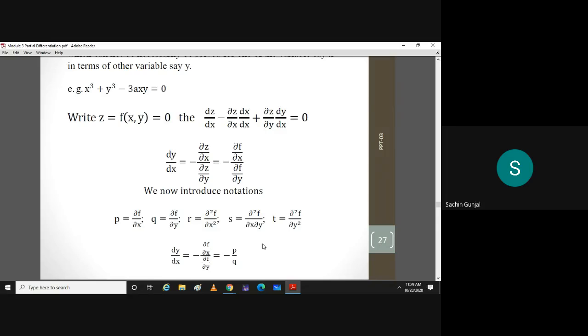For an implicit function f(x,y) equal to 0, where you can't write y in terms of x, you can still find the derivative of y with respect to x in terms of partial derivatives.